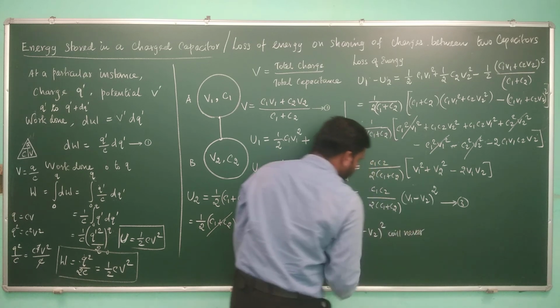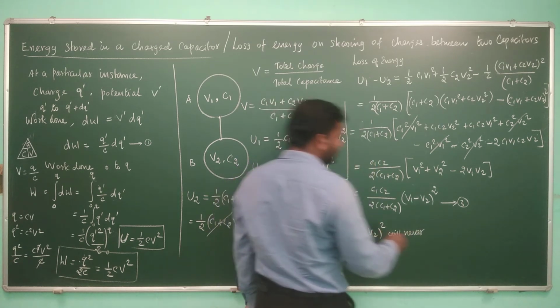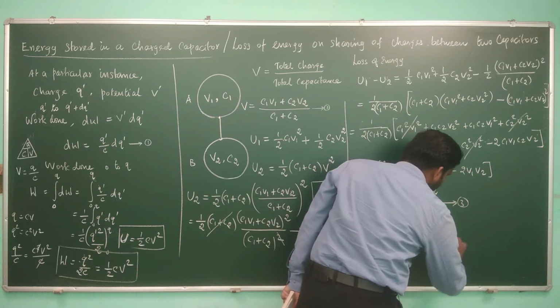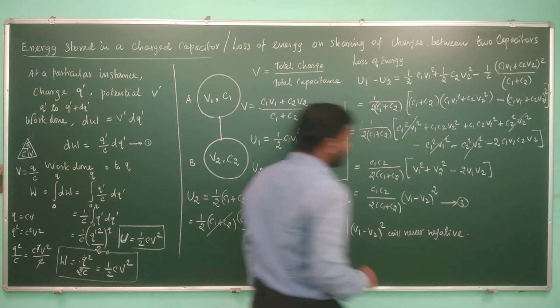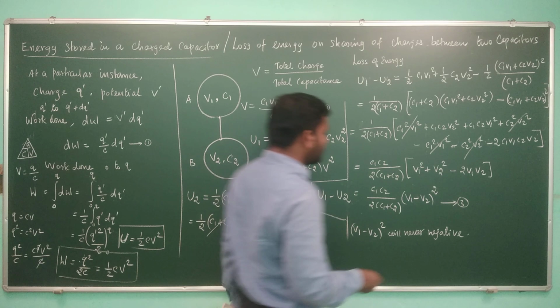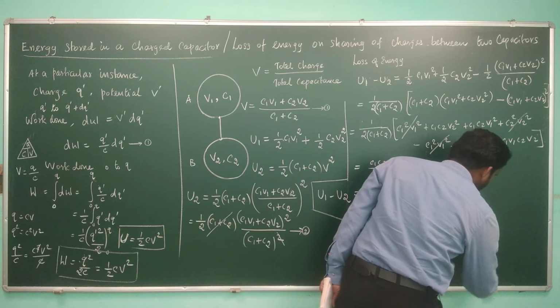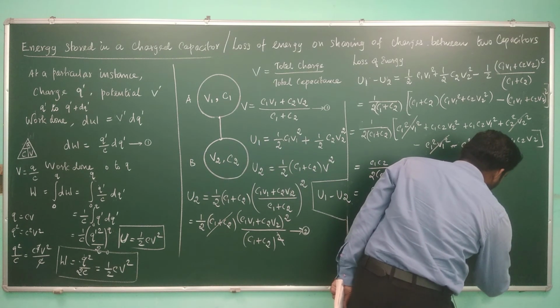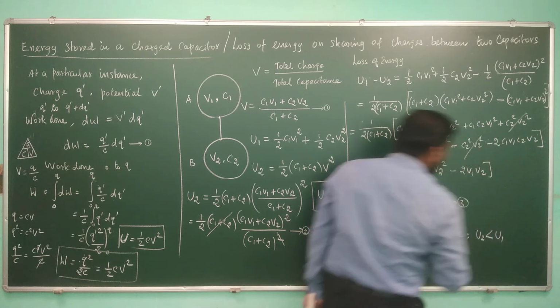Why? Whatever the term inside, if you take the square, it becomes positive. So as this term can never be negative, always, due to this factor, U2 must be less than U1.